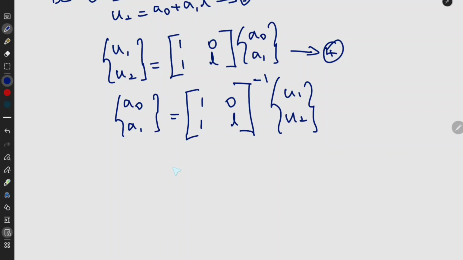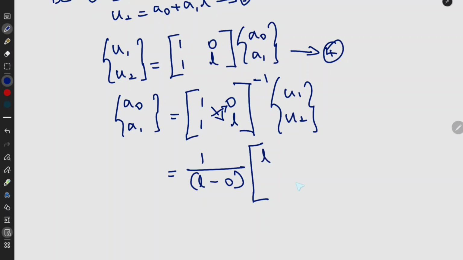So I am going to take the inverse. We know that for the inverse of a 2 cross 2 matrix, it is 1 divided by the determinant of this matrix. So it is 1 into L minus 1 into 0. Next, inside the matrix, for these two values we have to interchange the values, and for these two we have to change the sign.